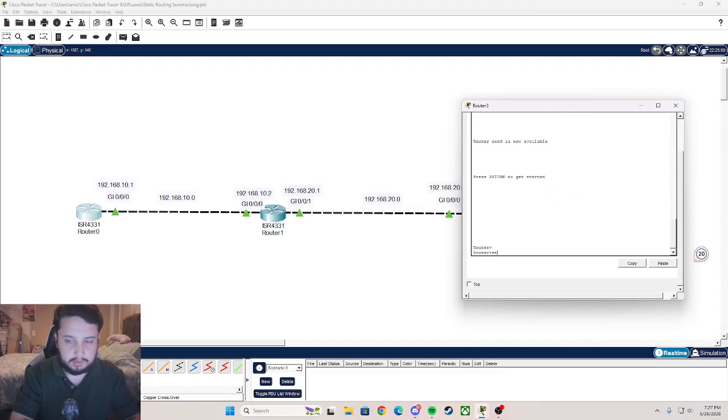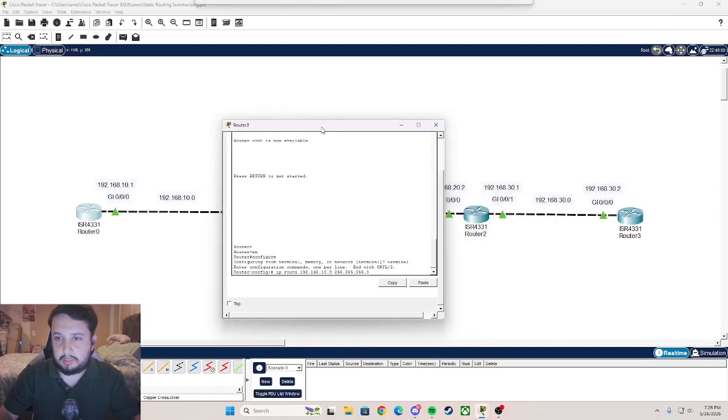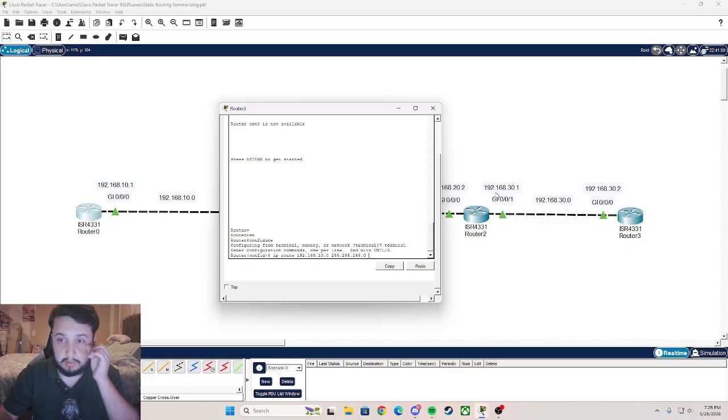Let's see. Enable, configure terminal. IP route, to this network here, 192.168.10.0 with this subnet mask. Next hop is this 192.168.30.